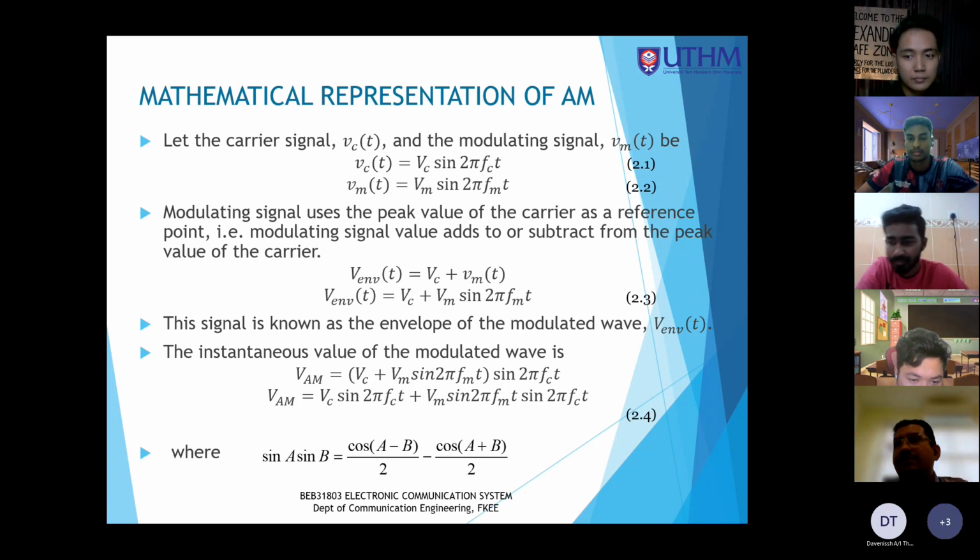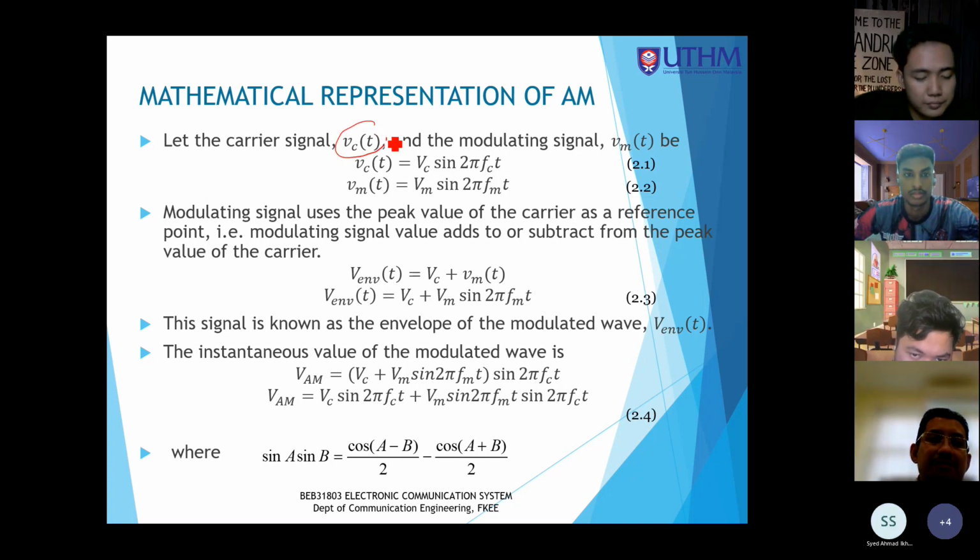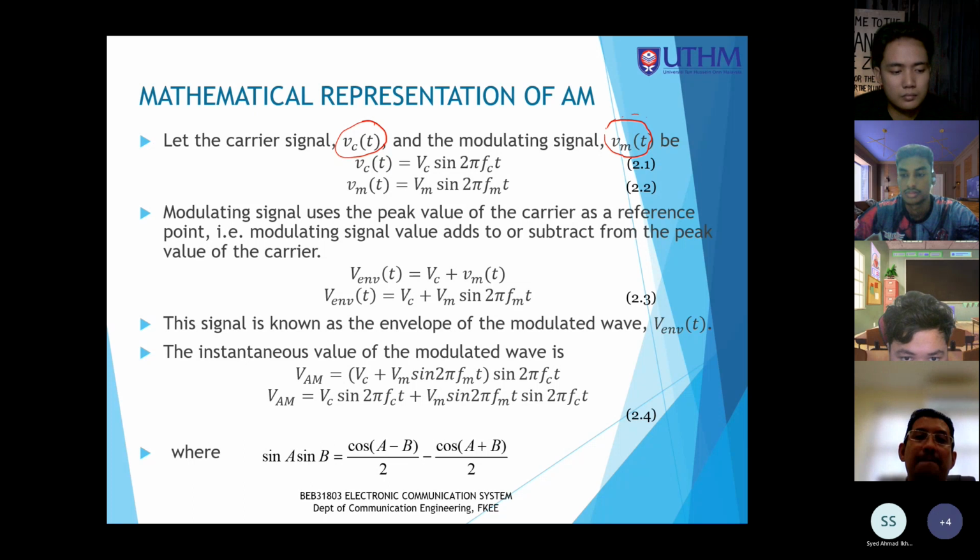Okay, perhatikan, this is very important and of course this will come out in the test and final exam lah. You kena tahu bahawa di sini dinyatakan definition untuk VCT dan juga VMT. VCT is representing the carrier signal, VMT representing the modulating signal or the message signal.